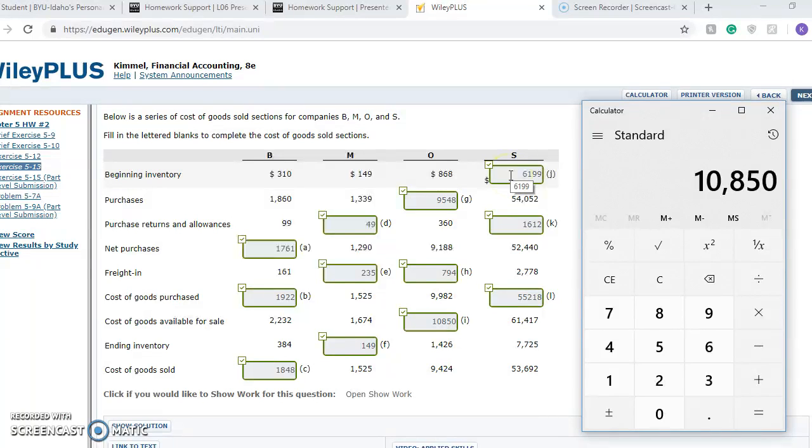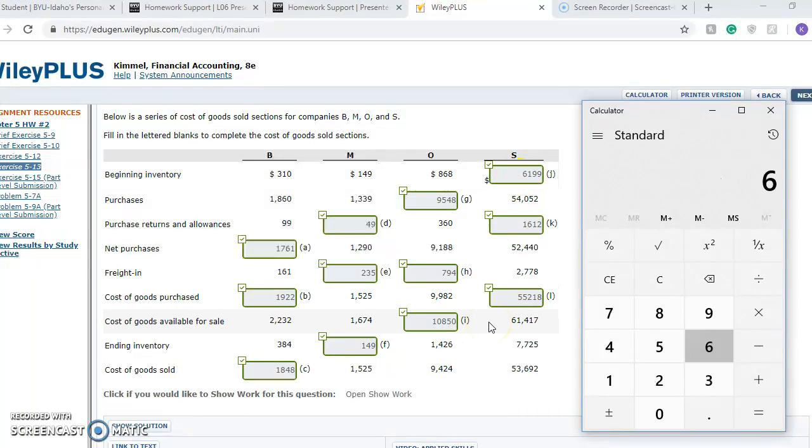And then lastly, the last three here, our beginning inventory, we know relates directly to the cost of goods available and the cost of goods purchased. So if you look down here, the cost of goods available for sale and the cost of goods purchased, that difference is going to be our beginning inventory.